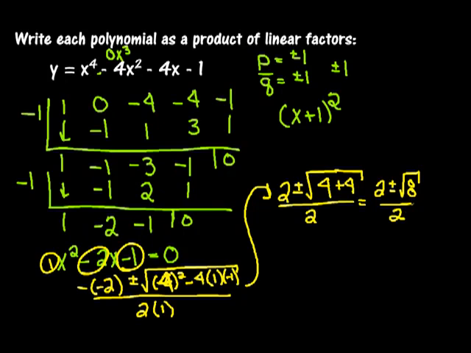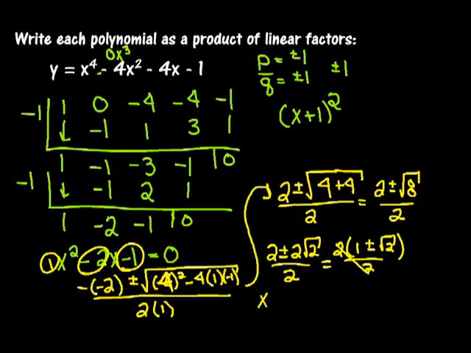Well, if you remember from earlier, the square root of 8 actually reduces into 2 the square root of 2, all divided by 2, which reduces farther because there's a 2 in all of these. Let's do that. 2 times 1 plus or minus the square root of 2 over 2. Those cancel. So x equals 1 plus or minus the square root of 2.